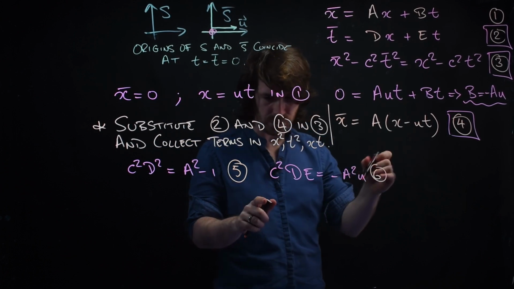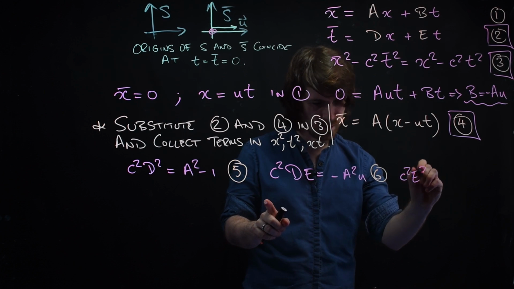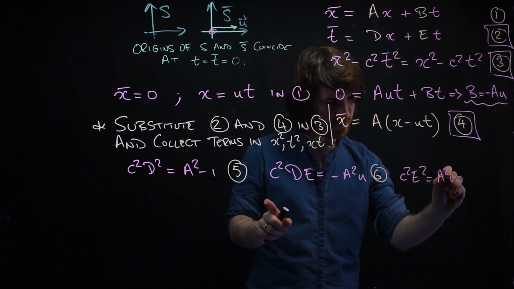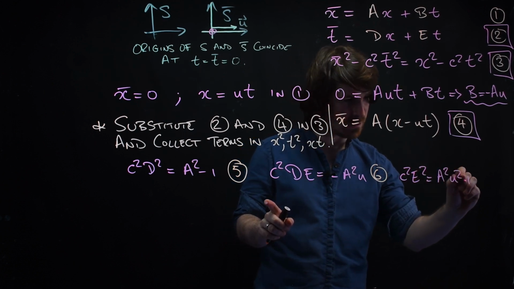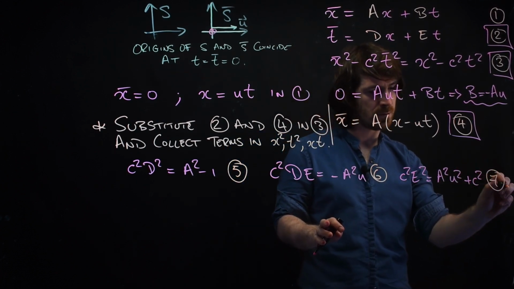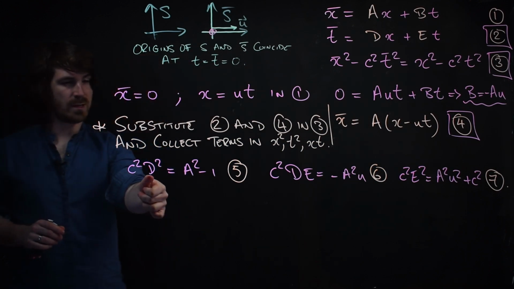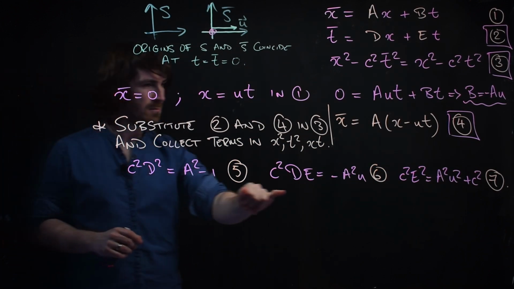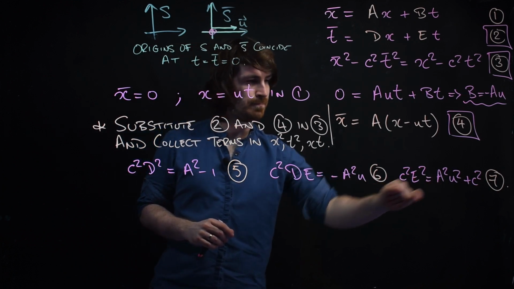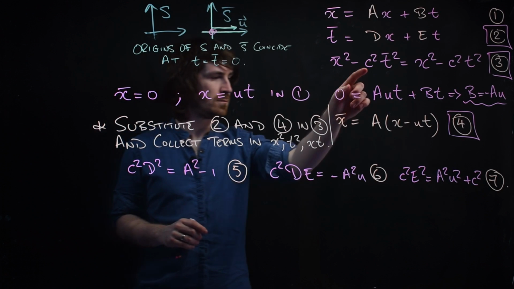And finally, you should have found that you get c squared e squared equals a squared u squared plus c squared. Let's call this equation 7. Okay, so we've got 3 equations with d, a, and e in them. And c is the speed of light here.